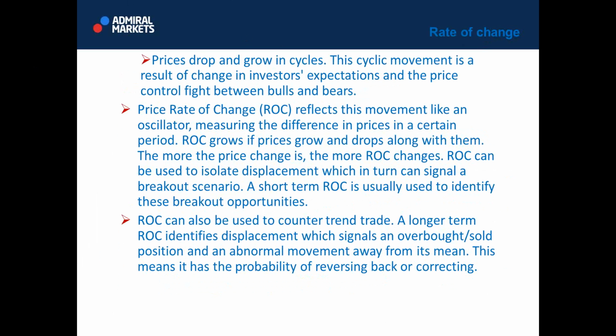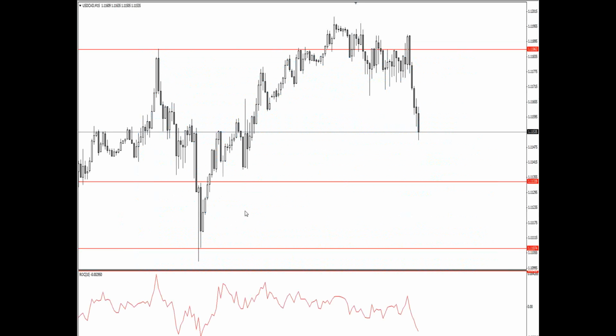So this means it has the probability of reversing back or correcting. So it's a bit similar to RSI, as you can see on the slide. By watching ROC for these extreme movements of the price, we usually anticipate a probable breakout or a counter trend trade.